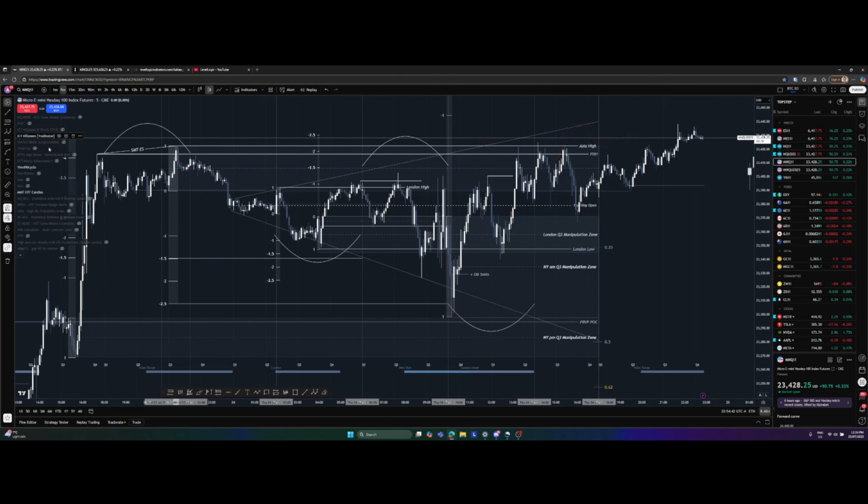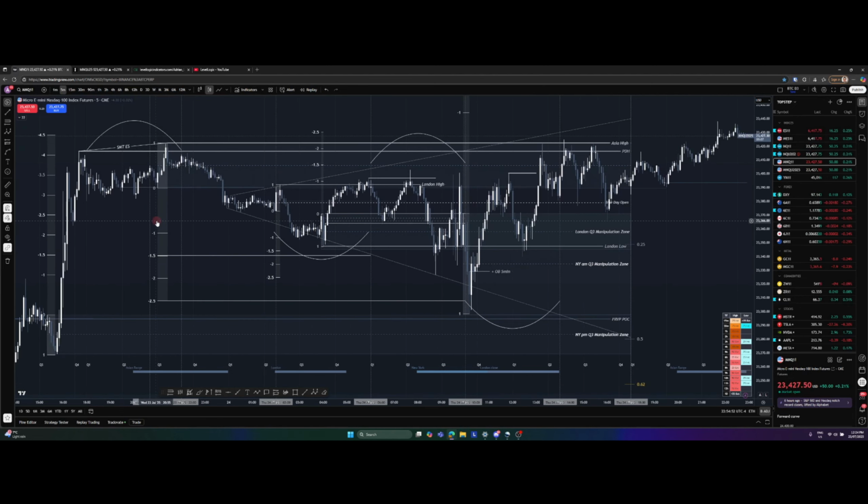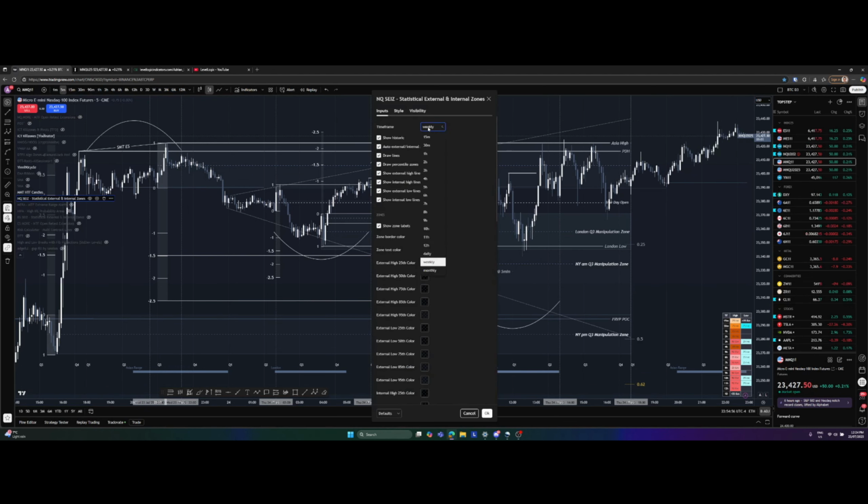So let's switch on C's H4 and we can see there how order flow was playing out during the day. Just change that, sorry, to the 4 hour.